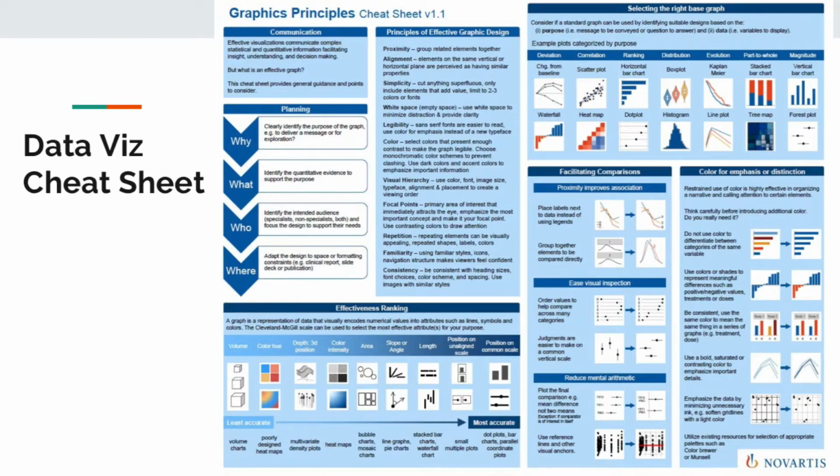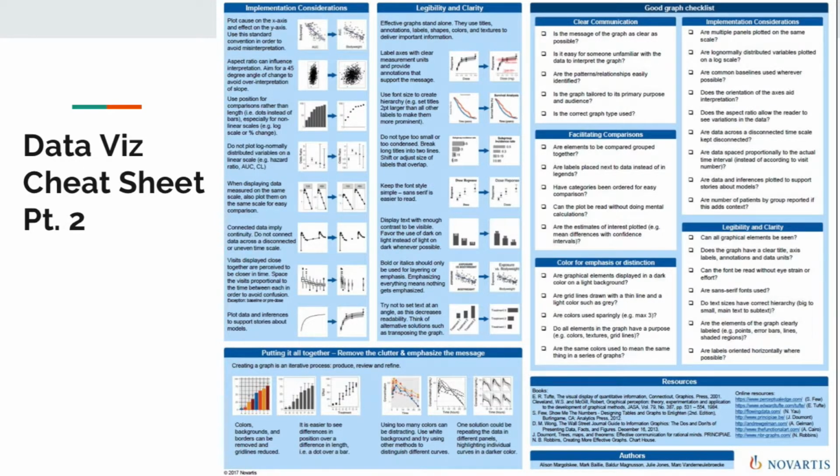It'll give information on why you want to be communicating things, planning how you would visualize data, some basic principles of effective design, the effectiveness of various things, selecting the right base graph, etc. And if you're just watching this video, maybe pause it and zoom in on some things to look at it, because there is also a part 2, so you want to stop and look at this too. I find this cheat sheet really, really useful. I always refer back to it whenever I'm making new plots for papers and such.